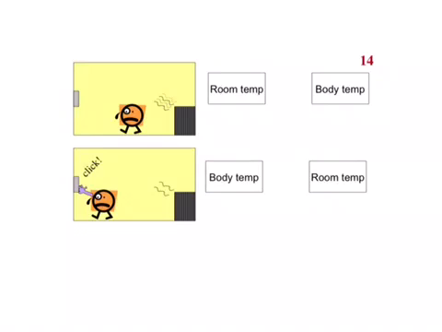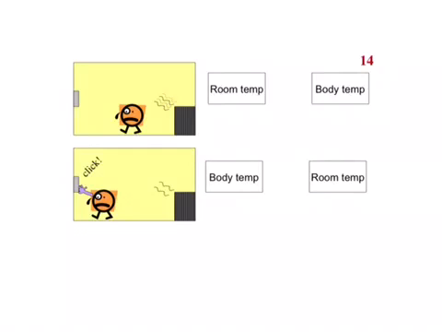So let's now walk through a concrete example. In the top cartoon, we have two state variables, the temperature of the room and the temperature of Circle Man's body. So here it looks like Circle Man is very hot, so a high room temperature leads to a high body temperature.